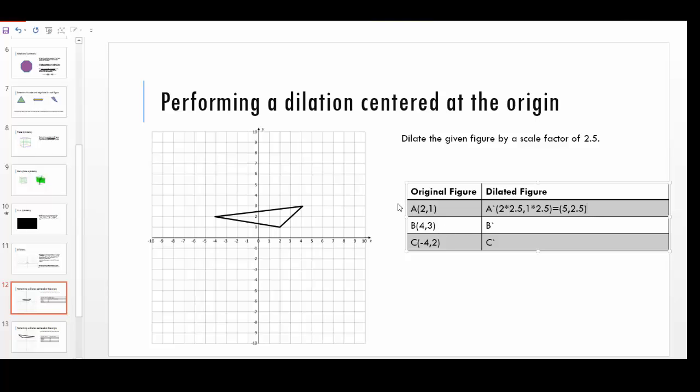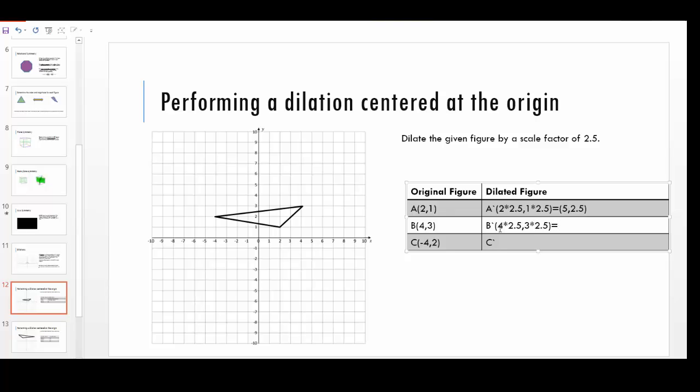Now we can do the same thing with B. B's coordinate is 4, 3. So B is 4 horizontally away from the origin, and 3 vertically away from the origin. So its new coordinate should be 4 times 2.5, comma, 3 times 2.5.